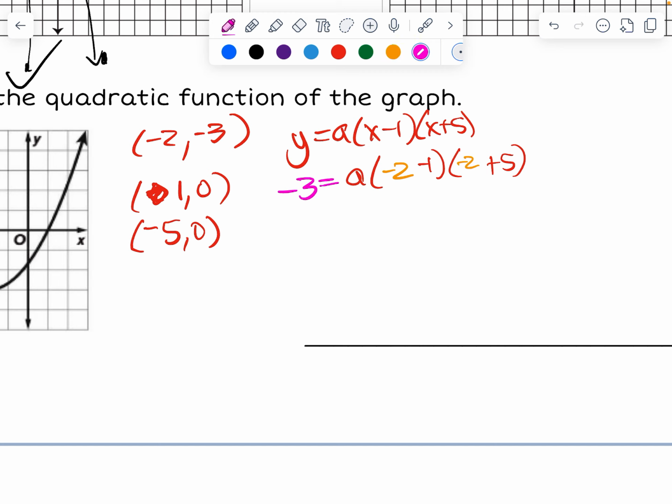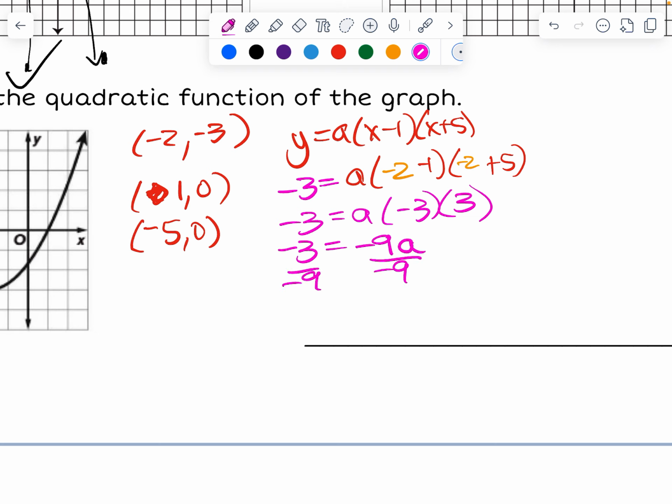So that'll get me -3 equals a times -3 times 3. So -3 equals -9a. So I divide by -9, and I will get 1/3 is equal to a. So y equals 1/3 times (x minus 1)(x plus 5).